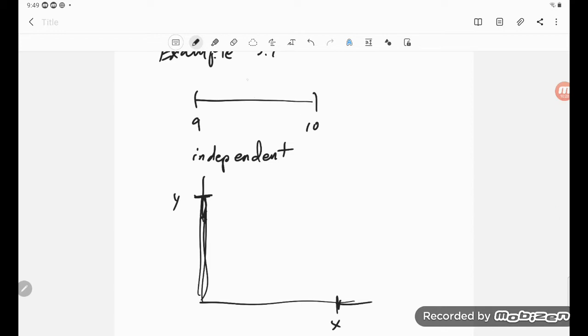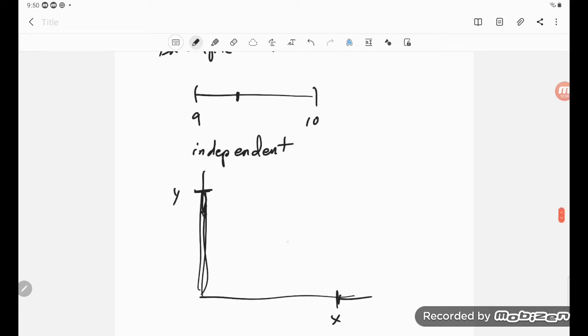So in that picture, say we place X, and that could be the boy or the girl, either one. And Y, let's let this be that same value.